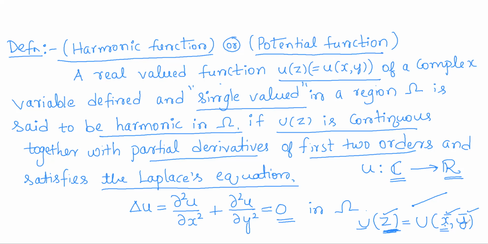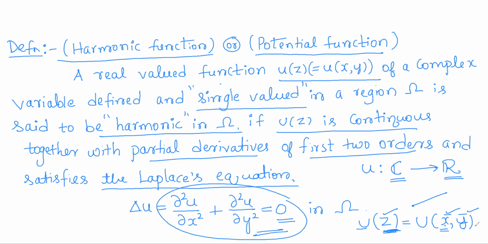To say a real valued function of a complex variable is harmonic, the function has to be continuous, its first order and second order partial derivatives have to be continuous, and thirdly, the Laplace equation has to be satisfied. Any such function satisfying all these conditions is termed a harmonic function.